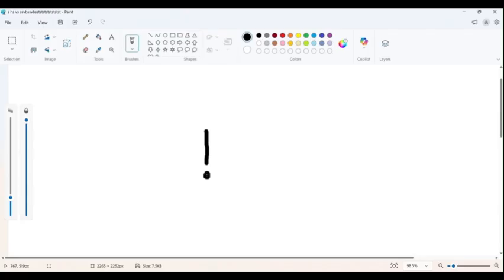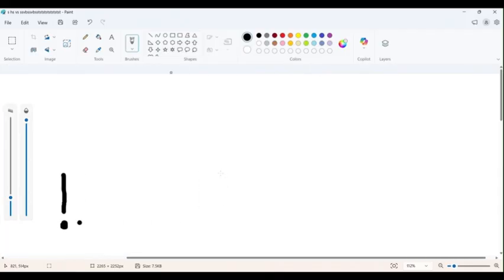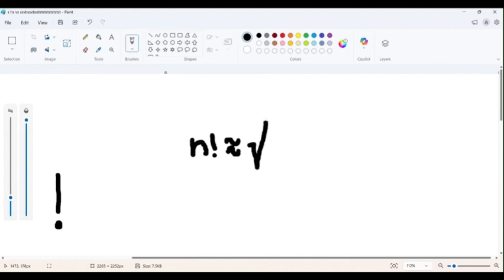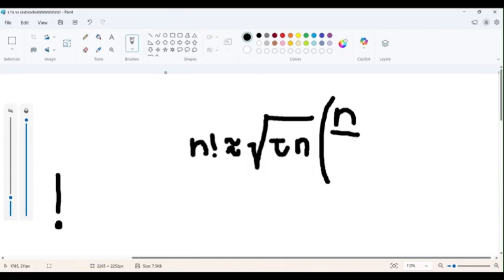And it uses the Stirling approximation specifically, which means that n factorial is about the square root of tau n times n divided by e to the power of n.